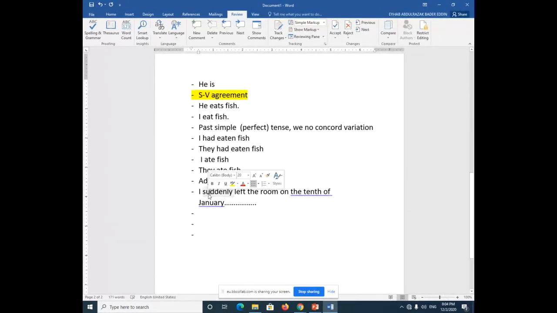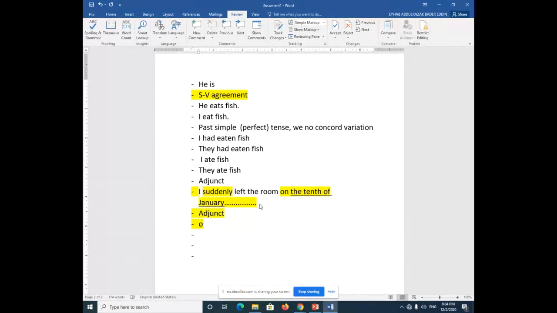Now, the word suddenly, and on the 10th of January, both are considered to be adjuncts. Of course, suddenly we can consider to be an adverb, and on the 10th of January, we can consider to be an adverb of time, but both come under what we call adjunct. And adjunct is something which is characterized by three different elements.